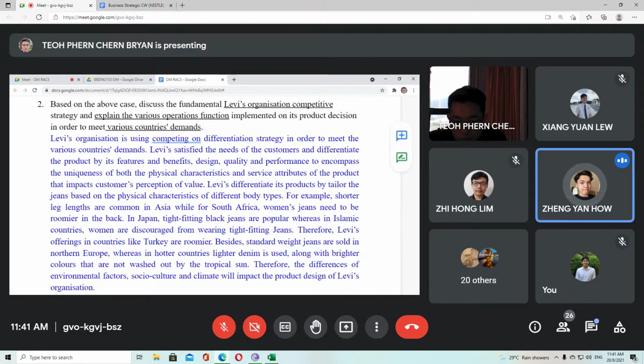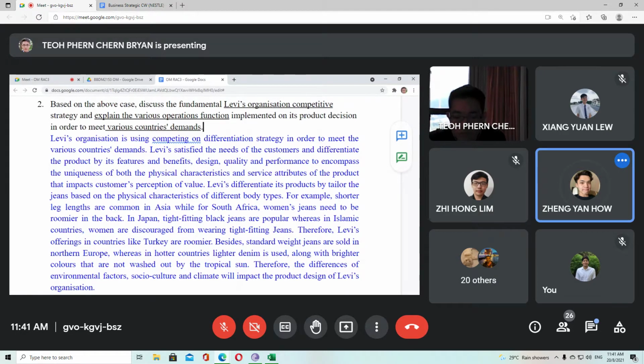For example, shorter leg lengths are common in Asia, while in South Africa, women's jeans need to be roomier in the back. Then for Japan, tight-fitting black jeans are popular, whereas in Islamic countries, women are discouraged from wearing tight-fitting jeans.